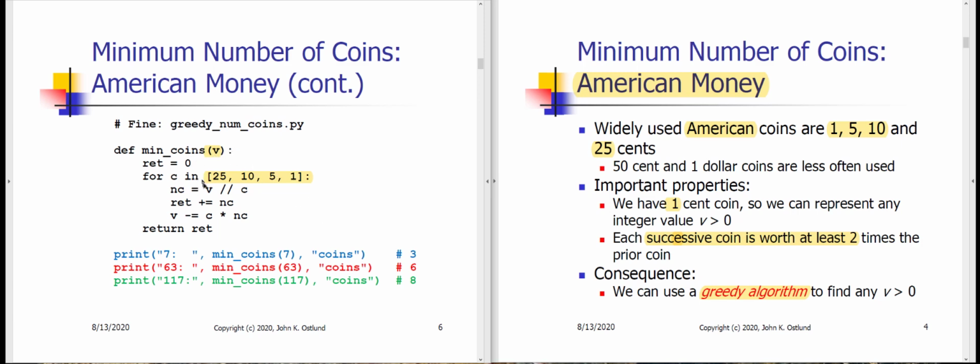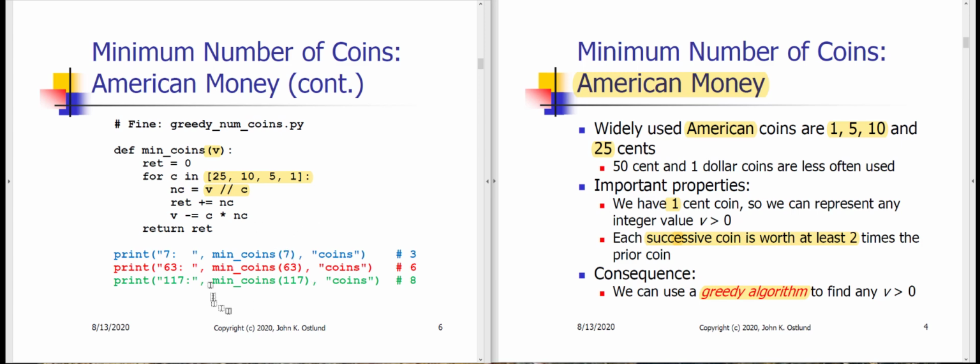And then, for this value that we have, for each coin going in the order from quarters to dimes to nickels to pennies, we're going to compute the number of the current coin that we can use. Well, the number of the current coin that we can use is the total value divided by the current coin with the fraction part chopped off. So we're using floor division here, all right?